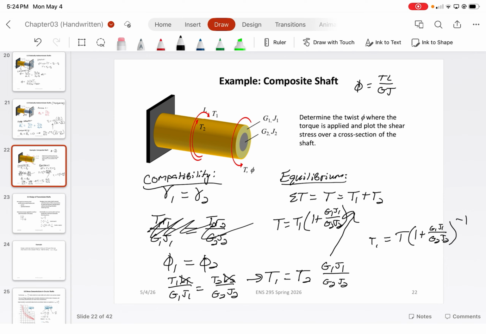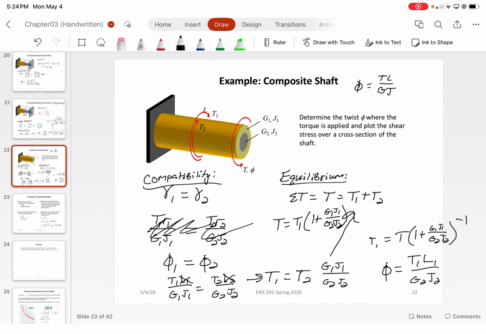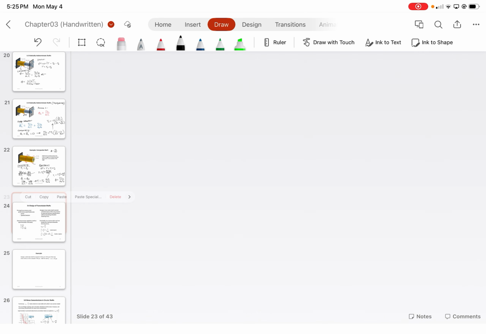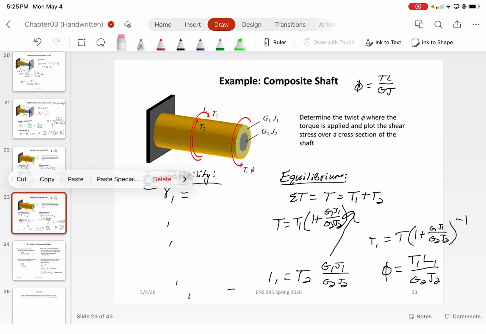All right. Because we now computed T1, we could figure out the angle of twist by plugging in T1 L1 over G2J2, which would basically equal, let me erase all this just to make room.